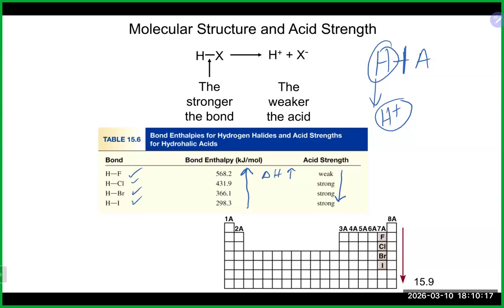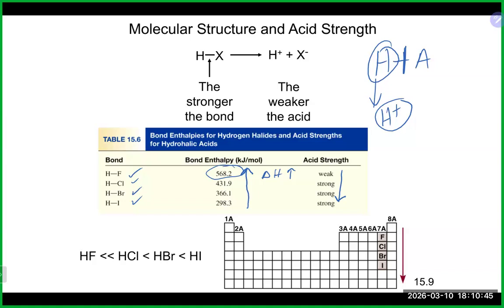And that is why when we get to hydrofluoric acid, there's a big jump in bond energy to break that, and that's why HF is the weakest acid of everybody there in group 7. So when you're looking at acids with no oxygen, it's the bond enthalpy or bond strength that is overwhelmingly the determining factor of which one is a stronger acid. Any questions on that there?